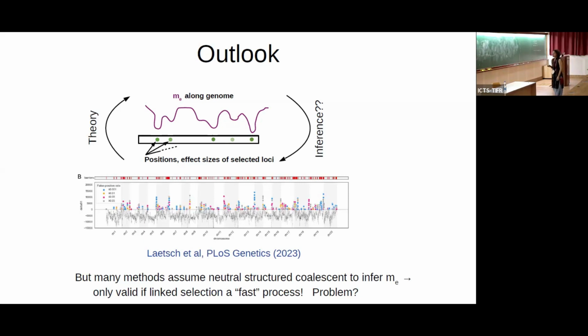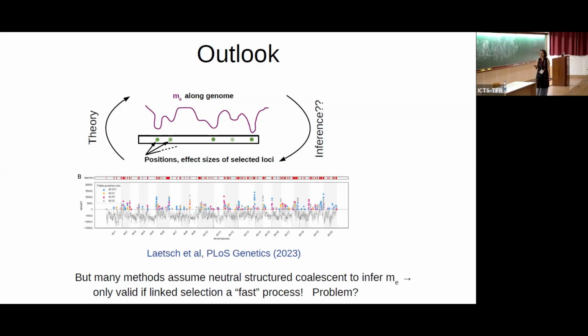But as a caveat, I do want to say that a lot of these inferences of how Ne varies along the genome are themselves based on assuming an underlying neutral model and encapsulating the effects of selection via an effective parameter. And as we saw, that is valid only when linked selection is a fast process.